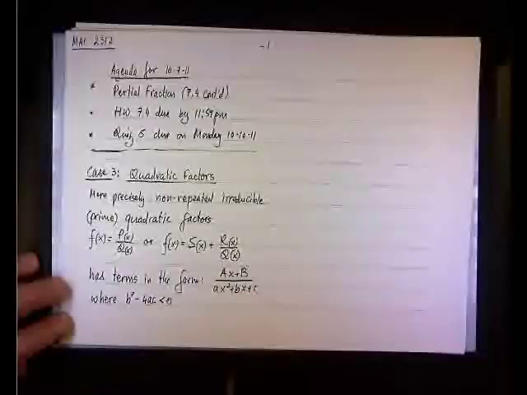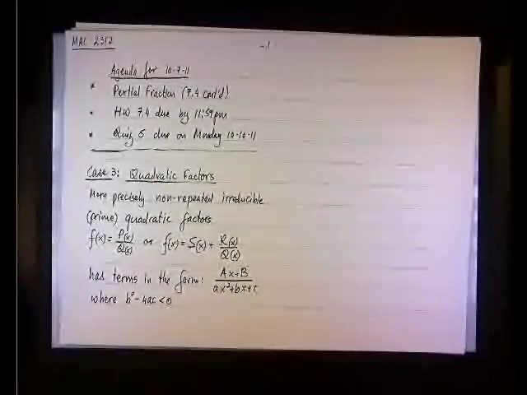This will be helpful, because once you factor, let's say, a fifth degree polynomial as a quadratic times a cubic, the cubic can always be factored.